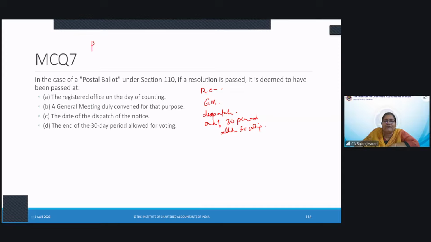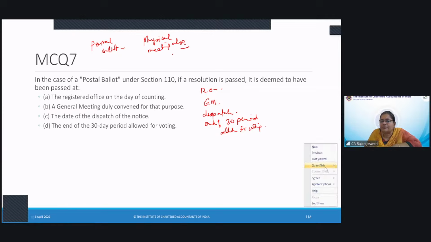See, postal ballot forms are there, and you also have the physical meeting also. It will be conducted on that day, no? What is the postal ballot rule?